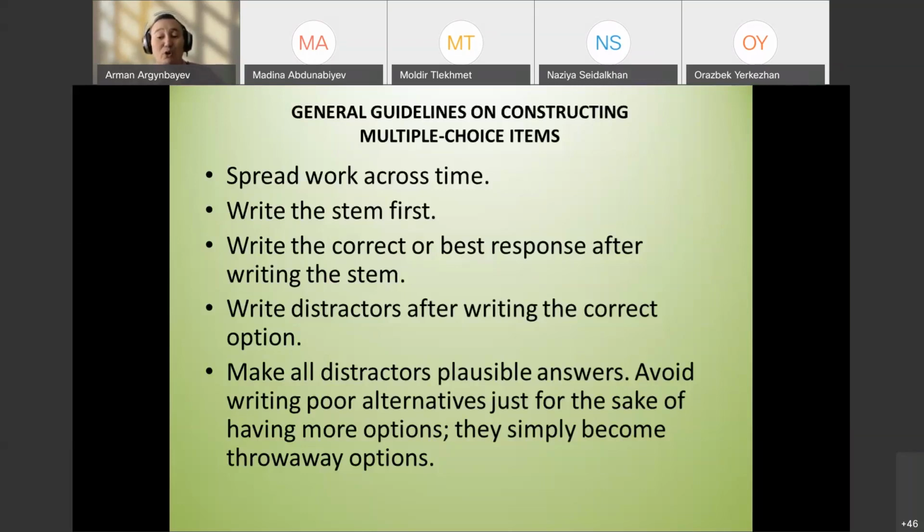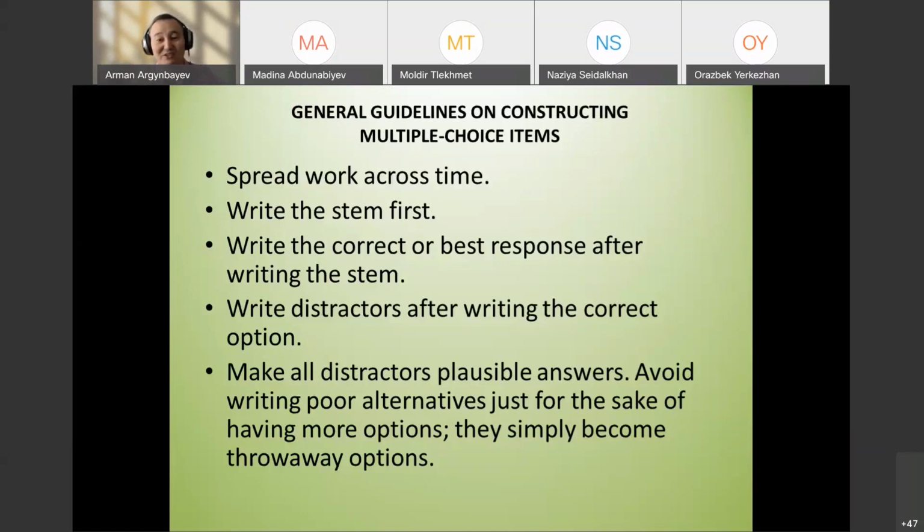Make distractors plausible answers. Plausible means possible in real life, logically possible. However, there should be inappropriate context. Logically possible, but inappropriate because of the context. Avoid writing poor alternatives just for the sake of writing.